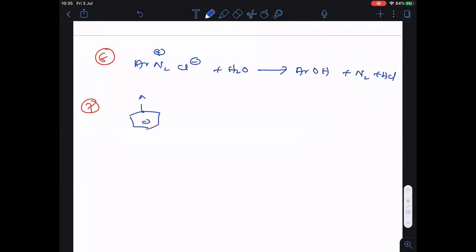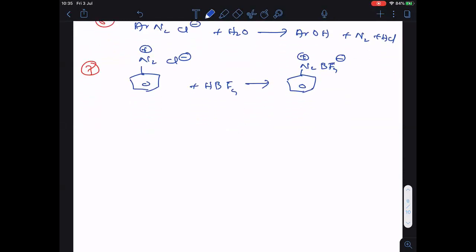So next one, benzene diazonium chloride when treated with HBF4, fluoroboric acid. Okay. Then here we will get one intermediate, ArN2+ BF4−.